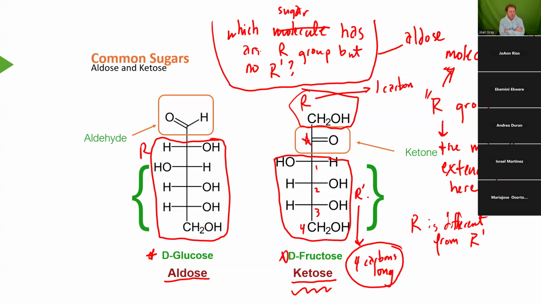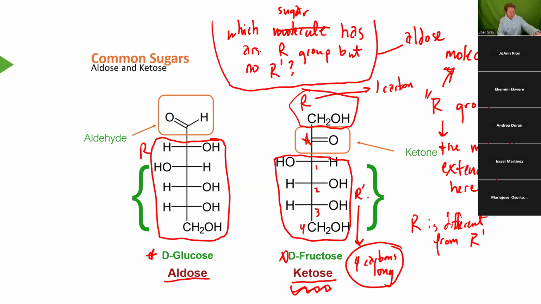Did that help? What I was talking about whenever I'm comparing R and R prime is I'm just looking at the ketose. Now, if we go over here to the aldose, does the aldose have both an R and an R prime? No, it does not.